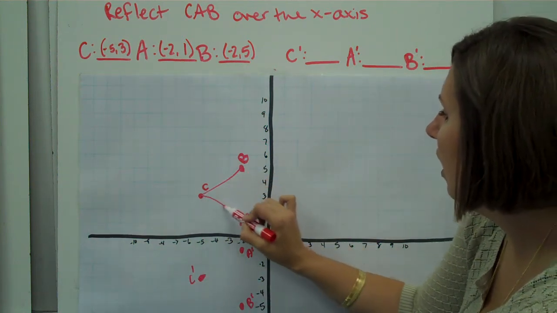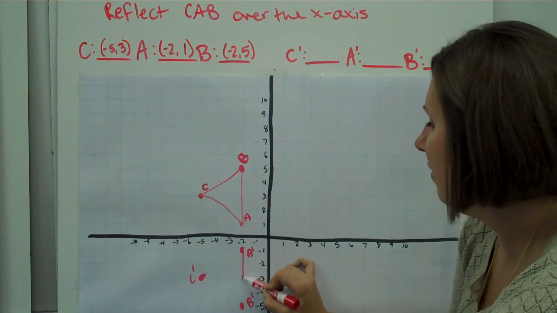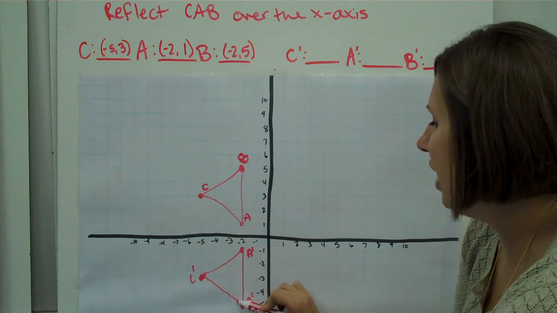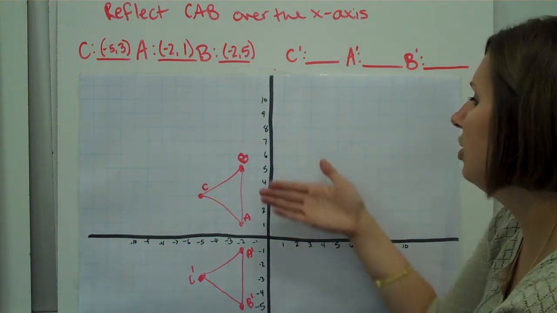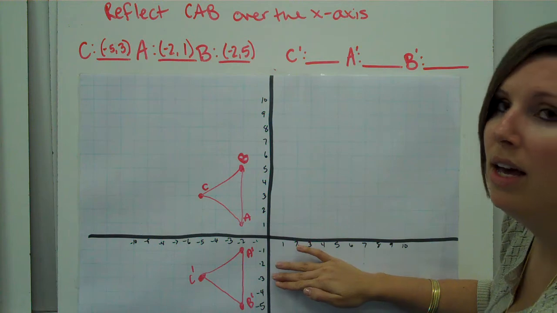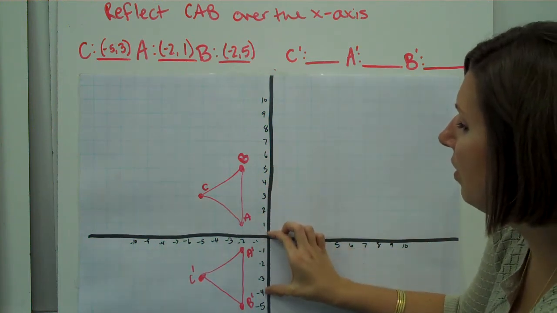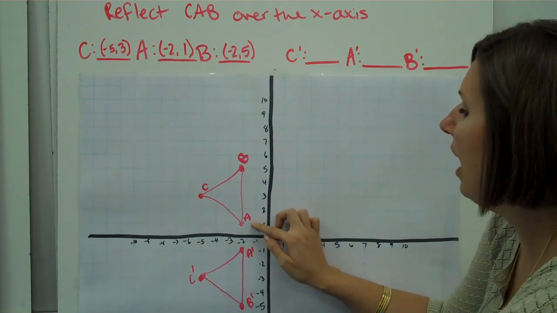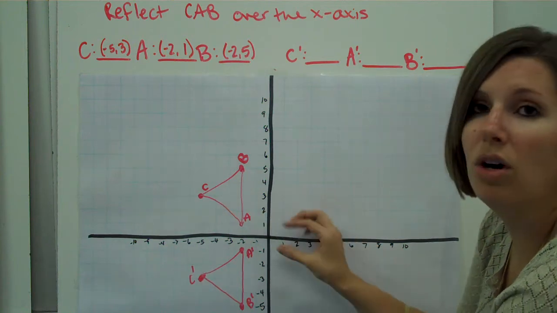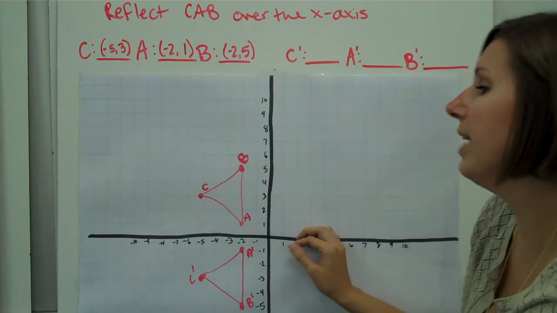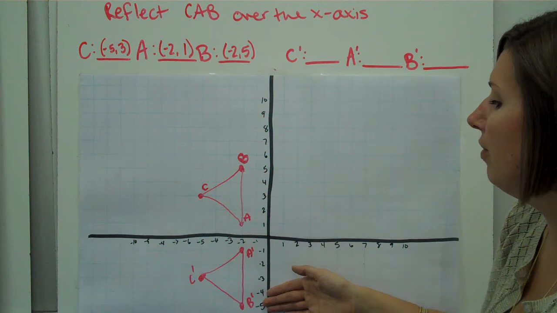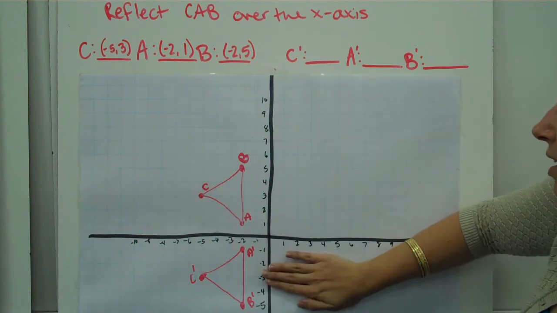I've got a triangle, so it's maintained its shape and size. It just reflected. It didn't move the entire thing down because my A is still the closest point to the x-axis. So it didn't move, it reflected.